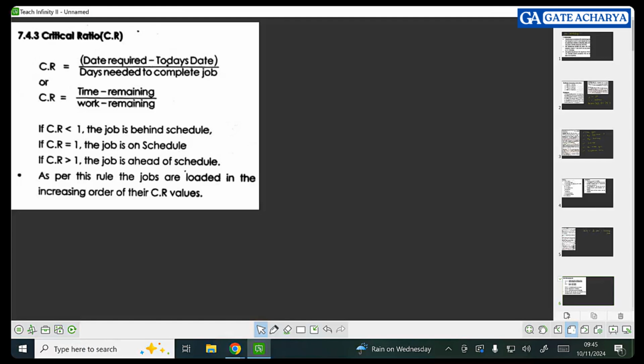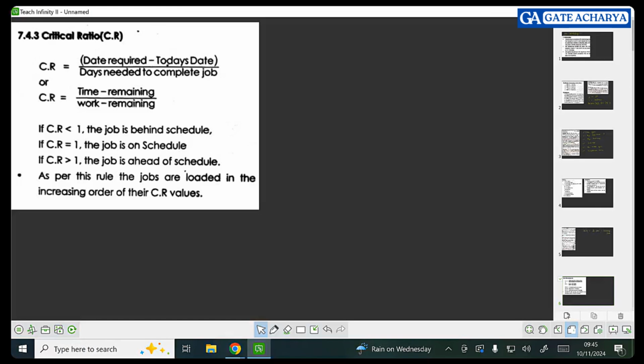If the critical ratio is less than 1, the job is behind schedule. If the critical ratio is equal to 1, the job is on schedule. If the critical ratio is greater than 1, it is ahead of schedule.